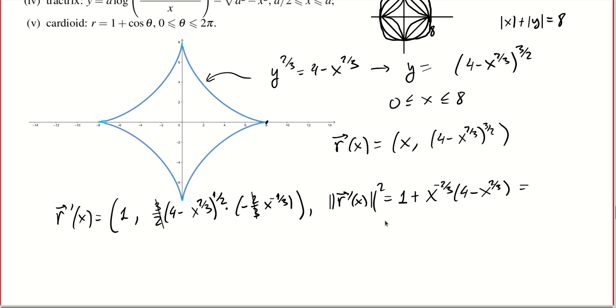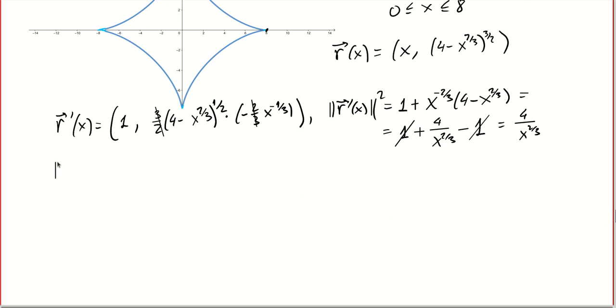And if we simplify this, we have 1 plus 4 divided by x to the 2/3, minus 1, which is this by this and minus this by that. So the 1 cancels and this is just 4 over x to the 2/3. So it's very easy to calculate the length, and it gives a very simple expression.